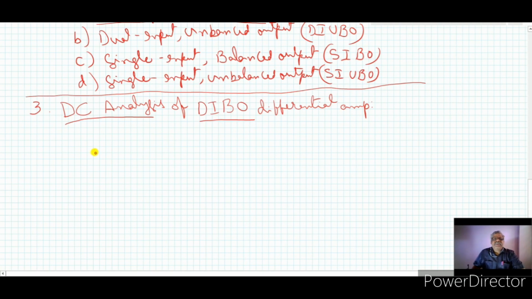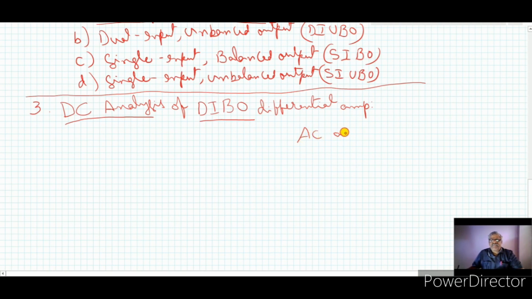DC analysis means determining the DC conditions of the given circuit, like operating point values, or DC current through a given component, or the voltage across a given component. While performing DC analysis, the AC signal applied to the circuit should be suppressed to 0.